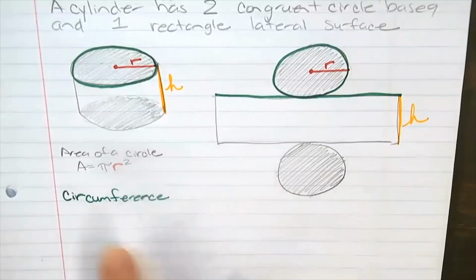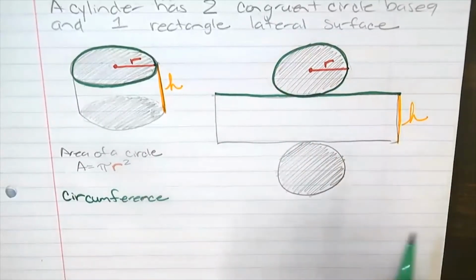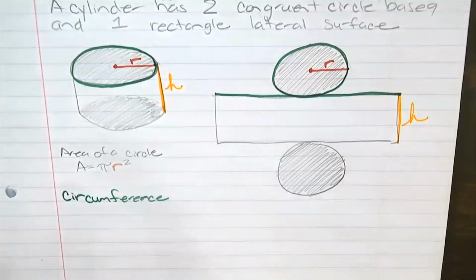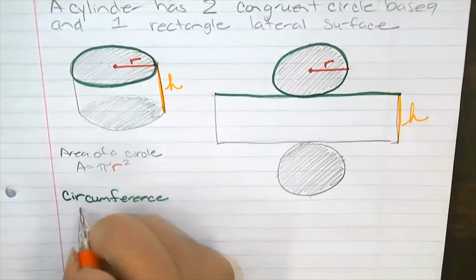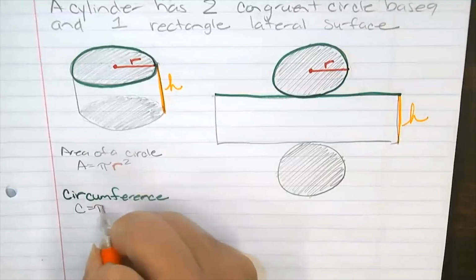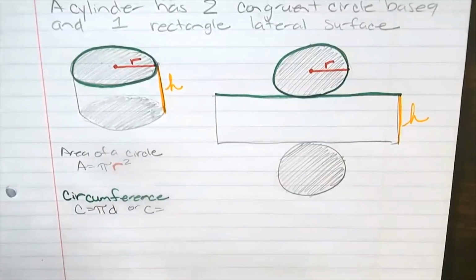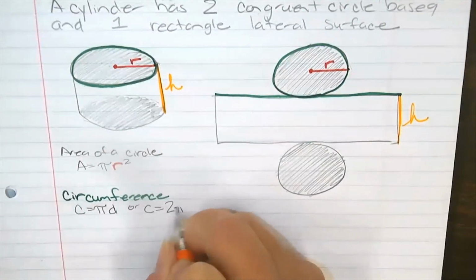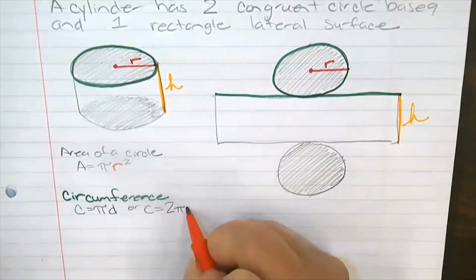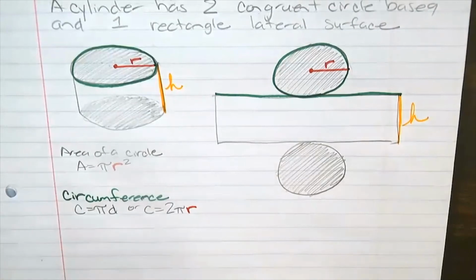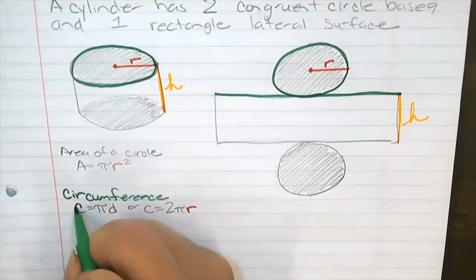And the formula for the circumference of the circle is pi times diameter, or 2 pi r. Okay, so this is the circumference.